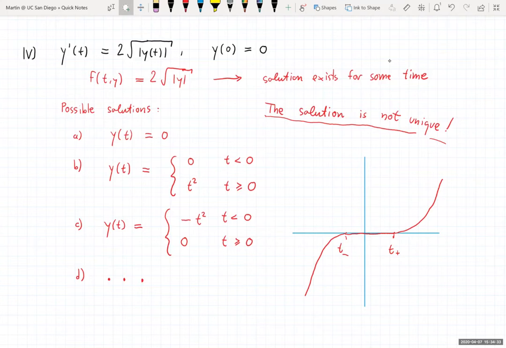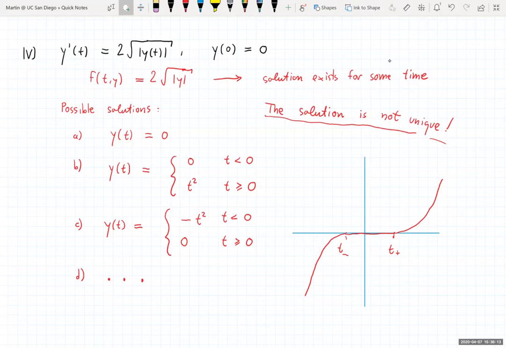Then it stays 0, and at some point t plus after 0, which is completely arbitrary, it decides to grow like a quadratic function again. t minus is some negative number or 0, and t plus is some positive number or 0. So as you shift t plus along the positive part of the x-axis, and as you shift t minus along the negative part of the x-axis, you discover an infinite number of possible solutions to this initial value problem.